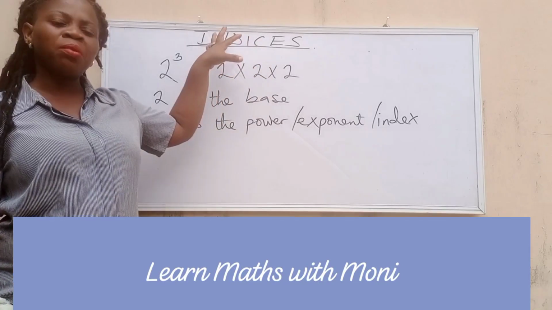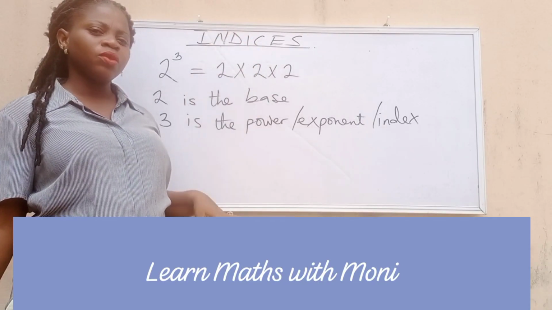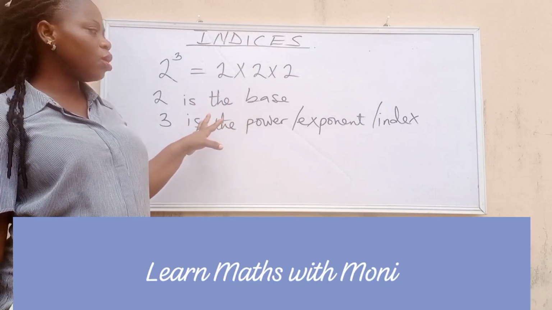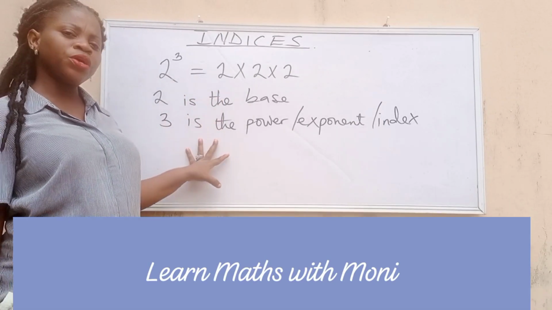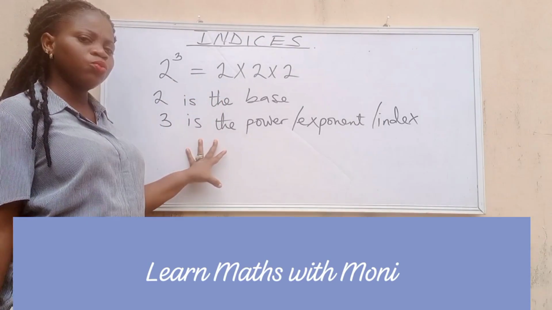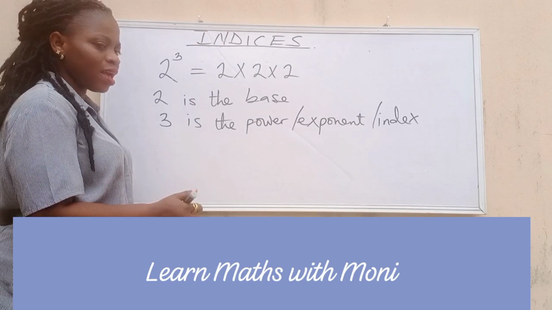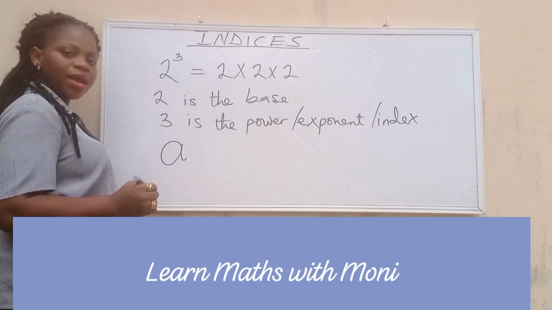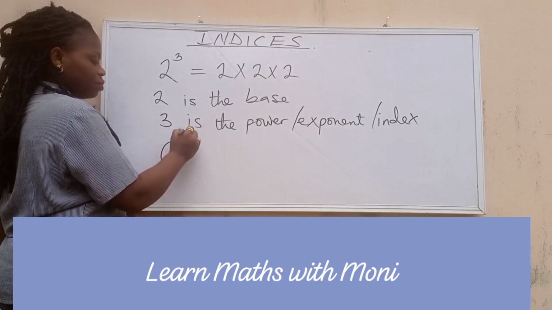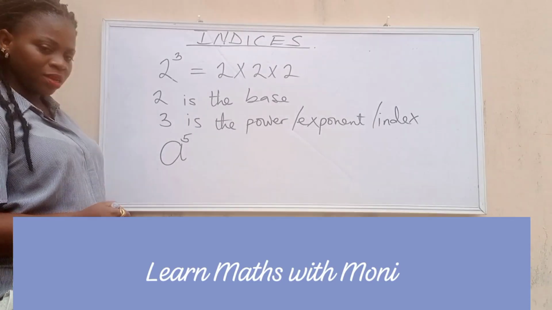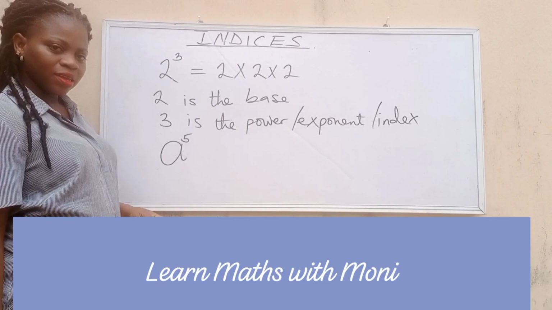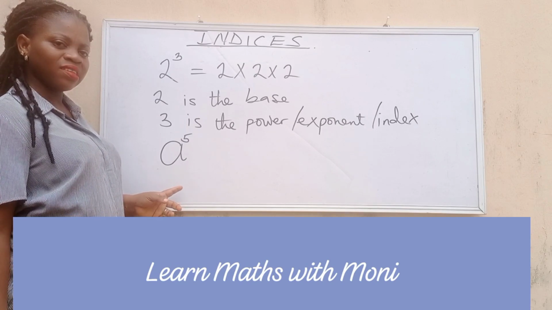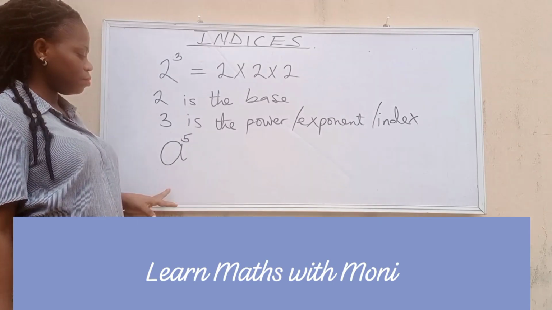So when I'm talking about the concept of indices, we'll be looking at a lot of powers and operations that have to do with them. Another example is writing something like this: a raised to power 5. Can you tell me in this case what my base is and what the exponent is?